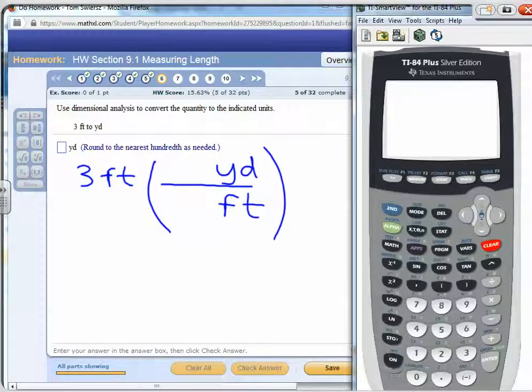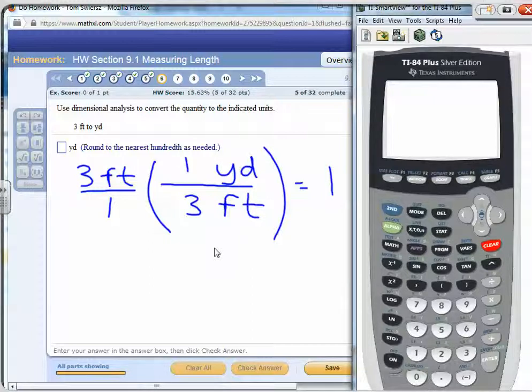We know that for every 1 yard there are 3 feet. That's our standard conversion. The 3 is in the denominator, so we're going to divide. The ones here and here don't have any effect, so it's just going to be 3 divided by 3, which we can do in our head, which is 1, right? And we know that 3 feet is equivalent to 1 yard, okay?